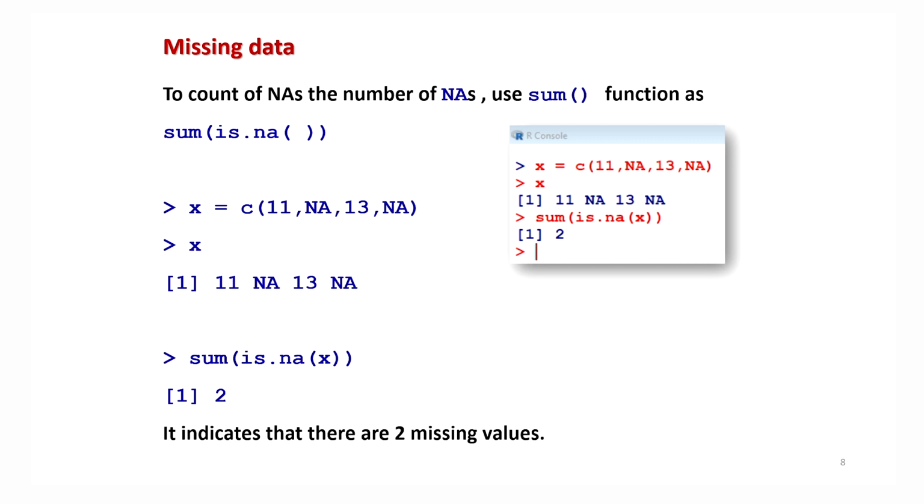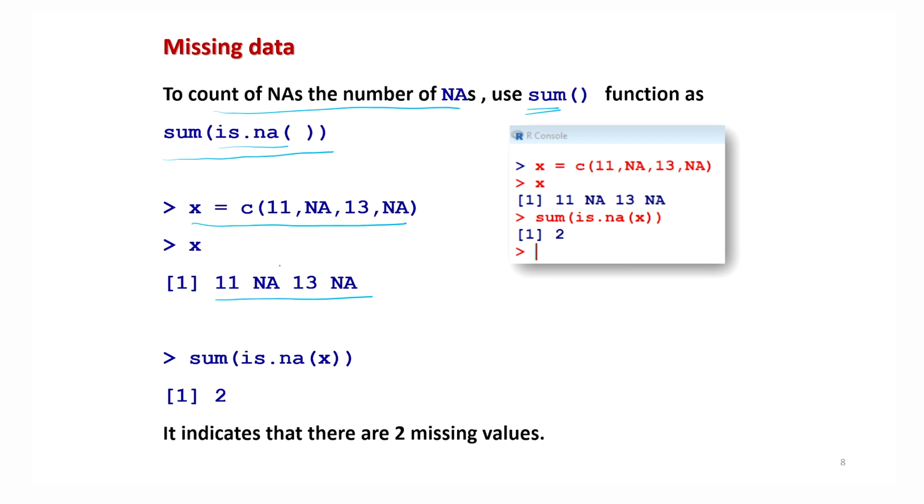Now, suppose you want to operate any procedure or command over this, suppose you want to find out how many missing values are there. In order to count the number of missing values, that is the number of NAs, we use the command sum with is.na inside the parenthesis. If I write sum(is.na(x)), let me take the same data vector 11, NA, 13, NA.